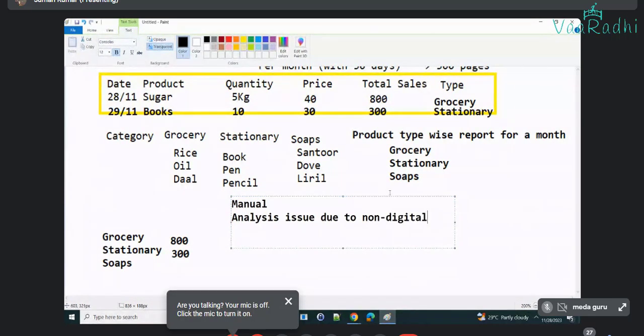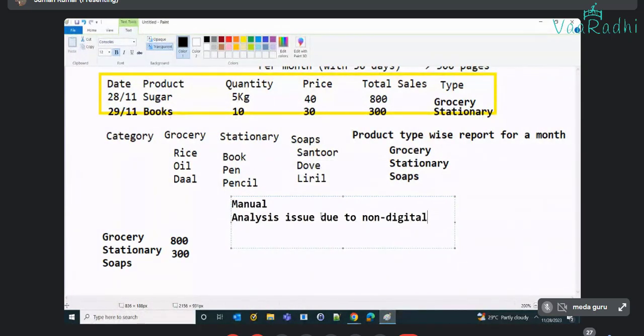Is the data maintained in your use case a digital one or a non-digital one, guys? Digital means something which is maintained in a system, an electronic device. Okay, it's a non-digital system. If I ask you how safe this data is, guys? Only until the book is not damaged, not burned out, or not eaten by bugs.